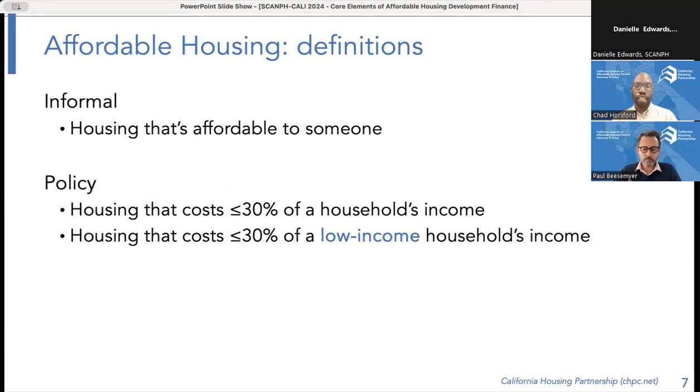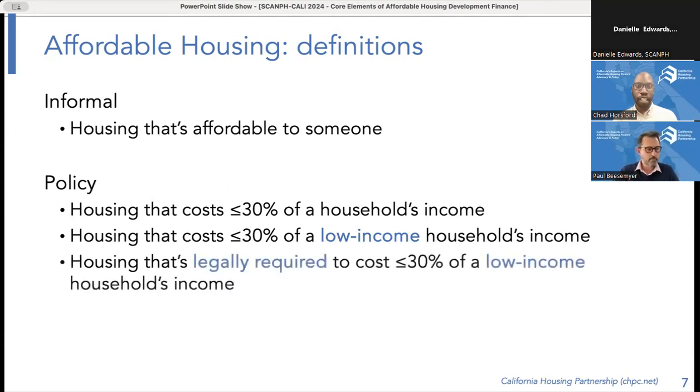And then if we build that definition a step further, because as we saw from the attendees, we have a quarter of the group from government entities who have some control over how to implement this, we focus on housing that's legally required to cost no more than 30% of a low-income household's income. So we're building up this cake and adding more specificity within this definition.